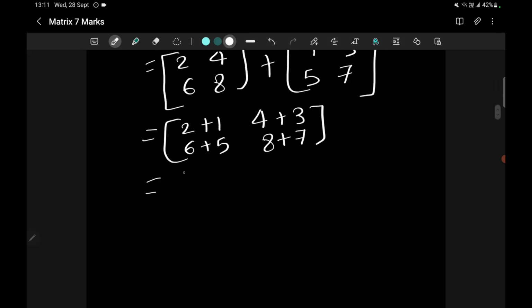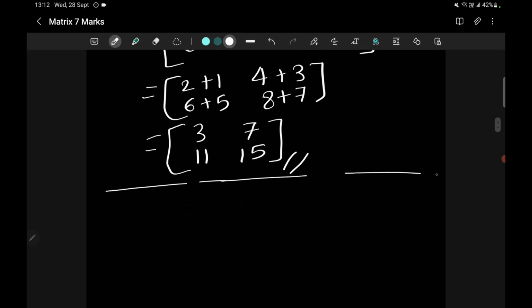Let's simplify this. 2 plus 1 is 3, 4 plus 3 is 7, 6 plus 5 is 11, 8 plus 7 is 15. This is how you can perform addition on two matrices.